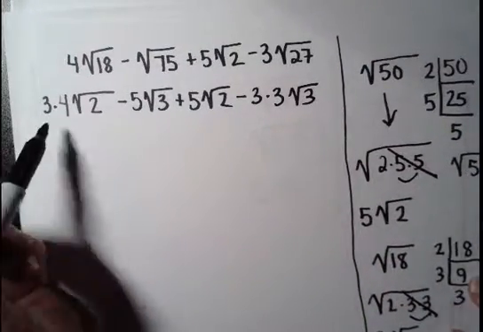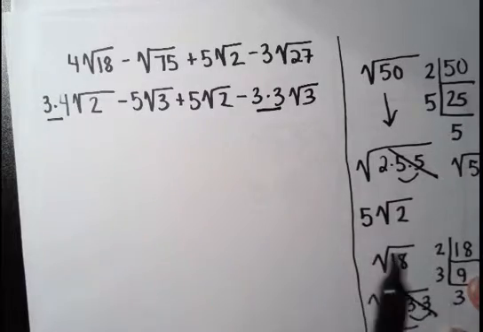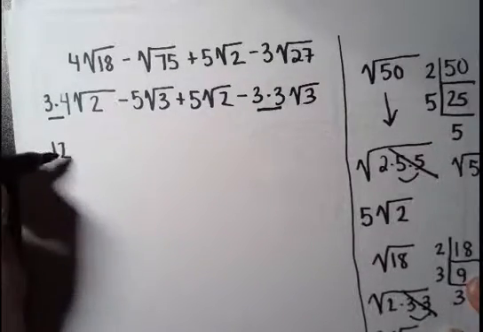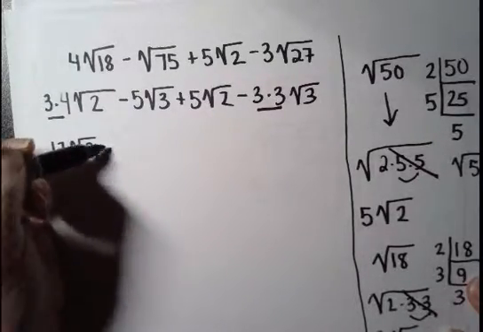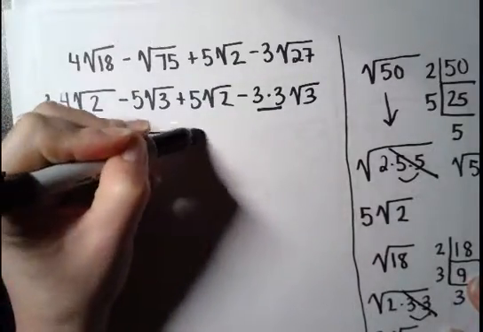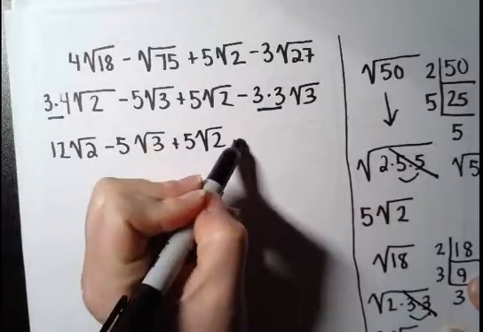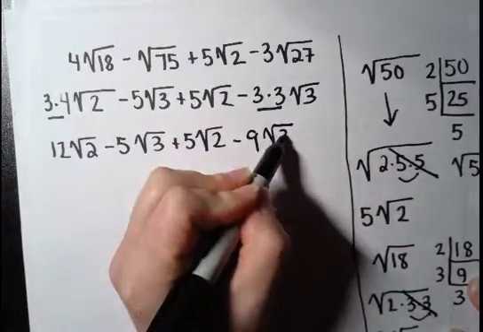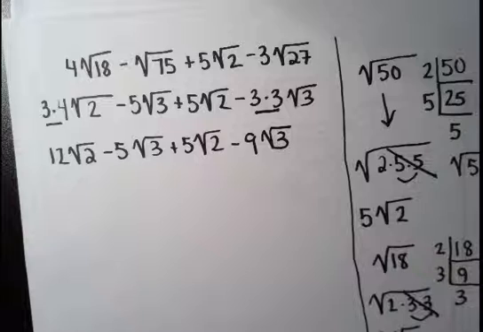So first I'm going to multiply the coefficients here and here. So I actually have 12 times radical 2 minus 5 times radical 3 plus 5 times radical 2 minus 9 times radical 3. So just like when we're adding like terms with x's and y's, we can add the ones that have the same radical. And when we add them, we just add the coefficients.